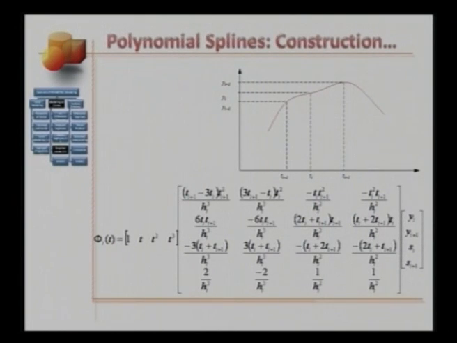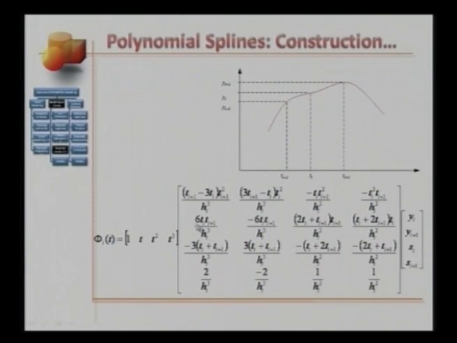Okay, let me read out the terms. The first row: t i plus 1 minus 3 t i times t i plus 1 squared over h i cubed, 3 times t i plus 1 minus t i times t i squared over h i cubed, minus t i plus 1 squared over h i squared, minus t i squared t i plus 1 over h i squared.